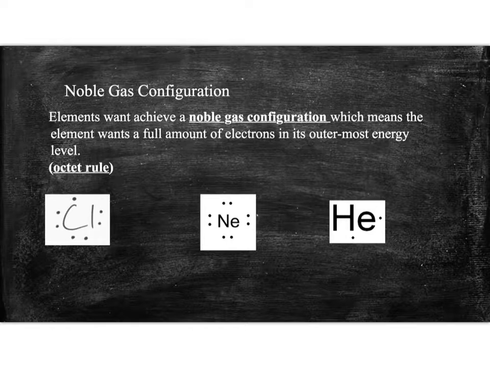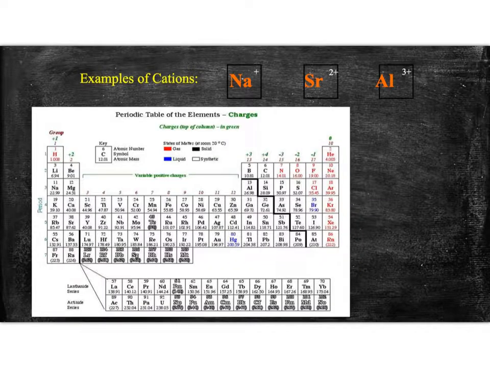All right, and you can see that chlorine has 7. This has neon, which is a noble gas, that has 8, and then helium has 2. All right, so if these different ions don't reach their octet level, they can actually either gain or lose electrons in order to get that full number of 8 electrons on the outer ring.